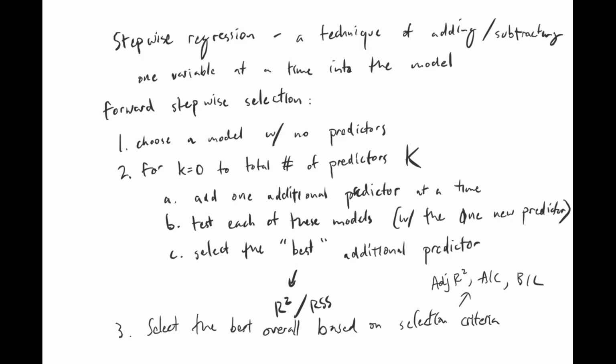So let's show a rough walkthrough of this before we show an implementation in R. Let's say you've got your Y, your X1, your X2, and X3.